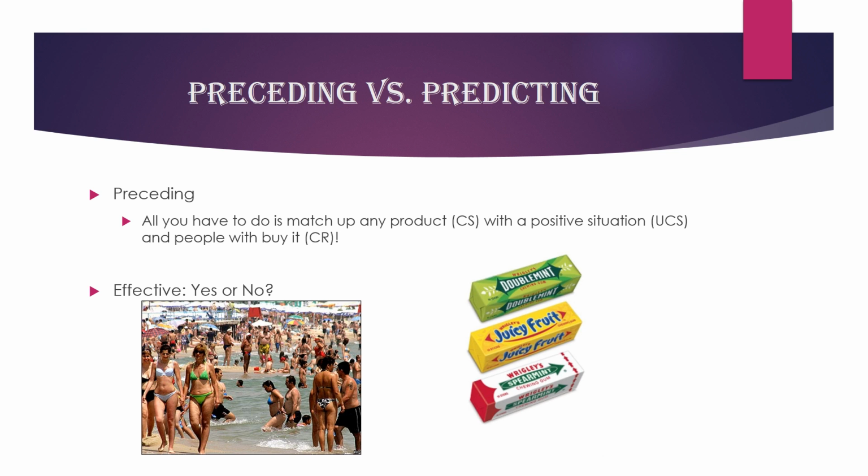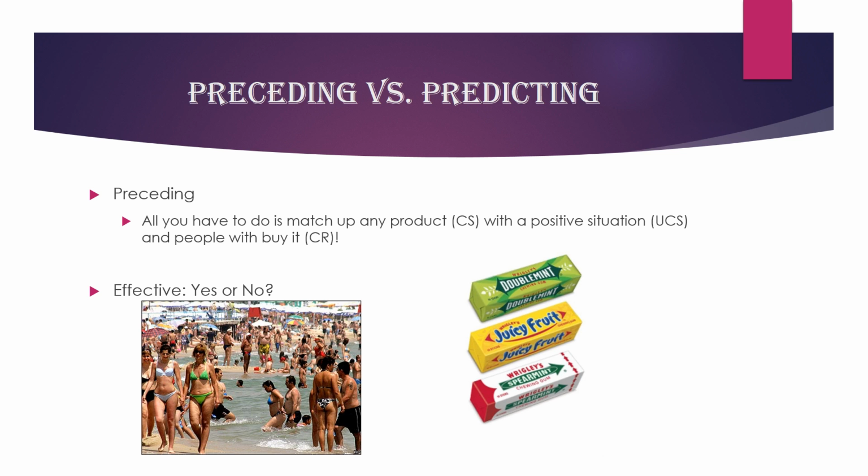Okay, Wrigley's gum and all the different types of gum. This was truly an example where they just paired up a product with a good time in sort of a preceding mentality to see if it would work. Guess what? It didn't. Sales of the different types of gum did not increase because people did not associate gum chewing with being at the beach.